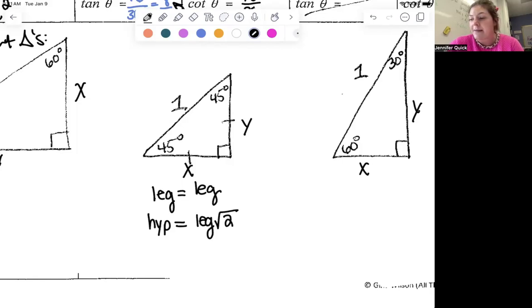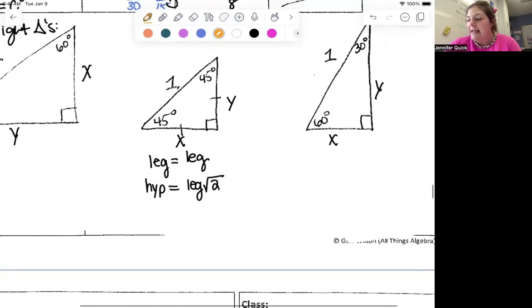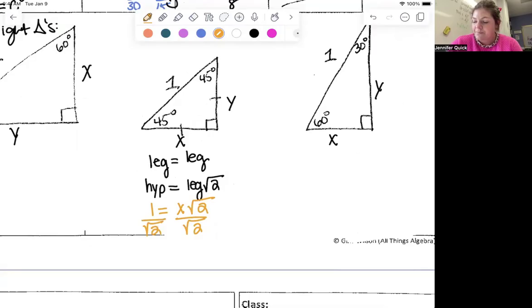Maybe you remember that, maybe you don't. It was a pretty big unit in chapter 2, in Math 2. So if I know that the hypotenuse is 1, and the leg is x, I could solve for the x value, knowing that this would be the exact same thing for x and y. So I could divide by the square root of 2. I would get the leg would be equal to 1 over the square root of 2.